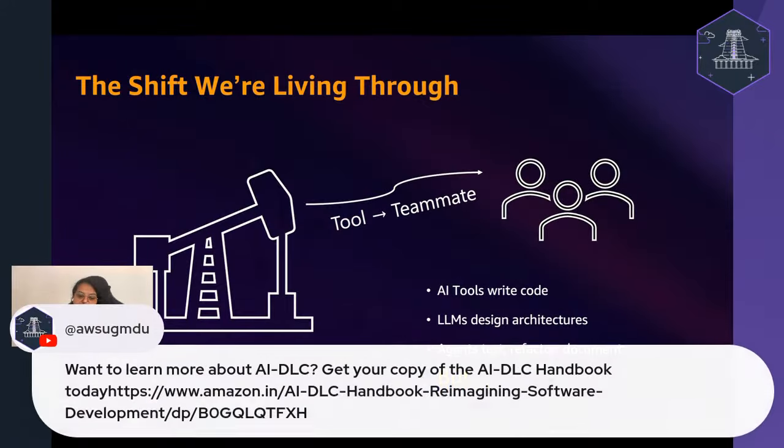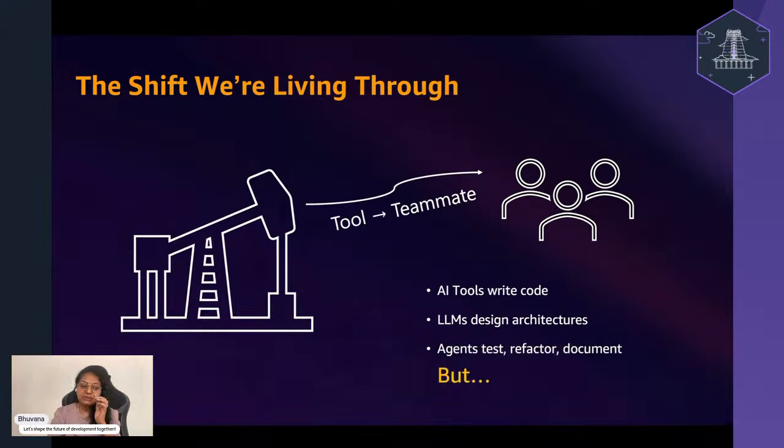So what is the shift that we are living through? You all might have used ChatGPT or any other tool. Go ahead and ask it to program, and then come back. Use it as you need. You might have used some agentic IDEs as well, where you can actually create software. But we are transitioning from using AI as a tool to a teammate.